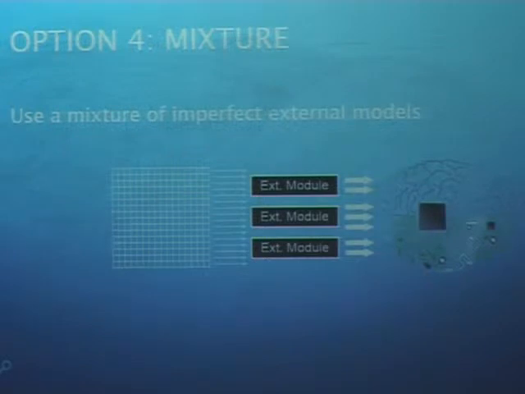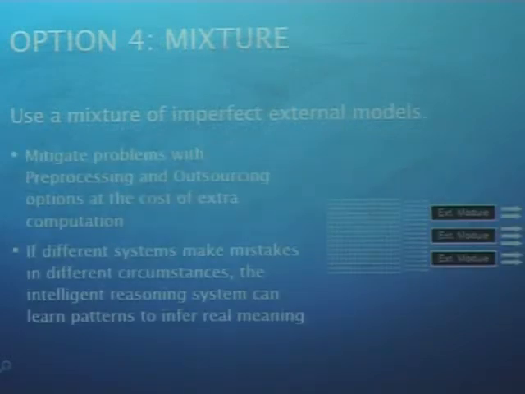So then your AGI can learn to detect the patterns in what the other modules are saying and maybe rearrange them in a way that it can actually make sense of what is actually going on in the world. Yeah, so it can mitigate some of the problems. I don't know if any systems that actually do this, but well, I don't know that many systems.